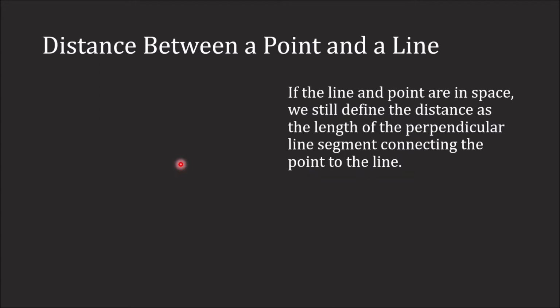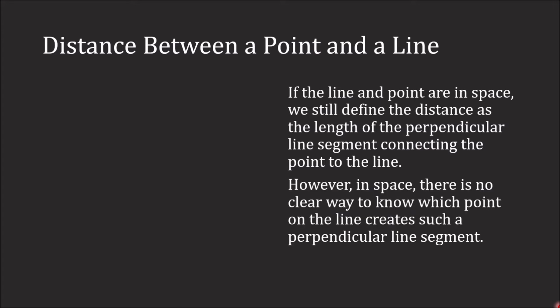If instead we are in space, the distance is still defined the same way. However, in space, there's no clear way to know which point on the line creates such a perpendicular line segment.